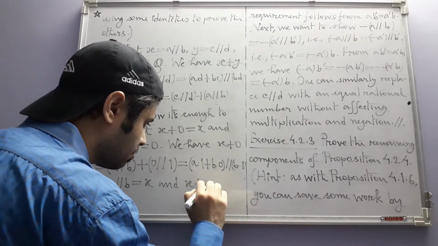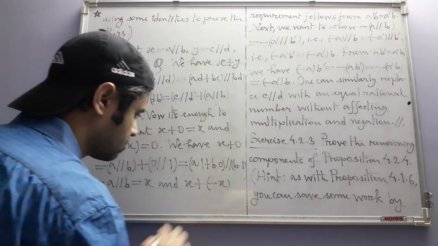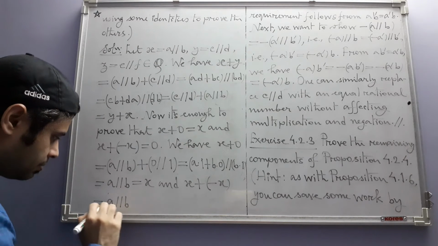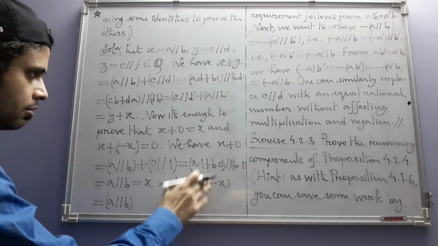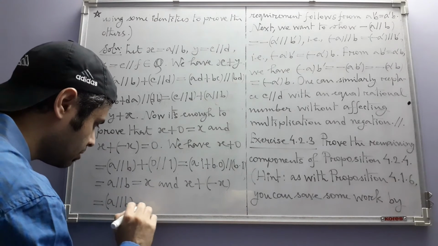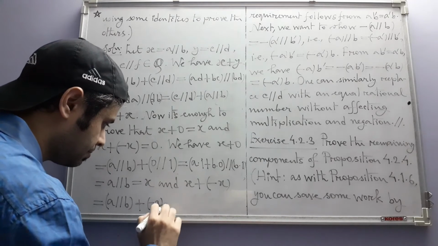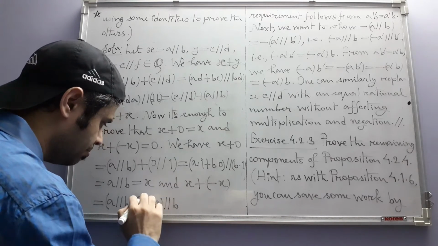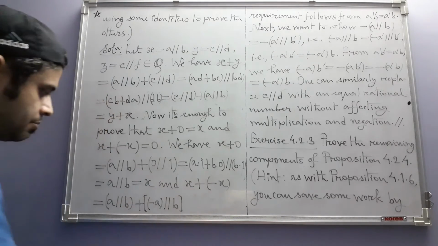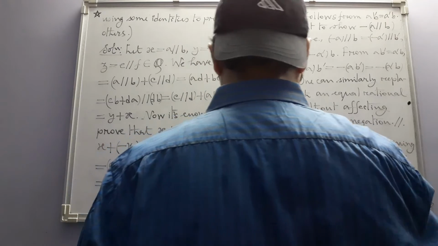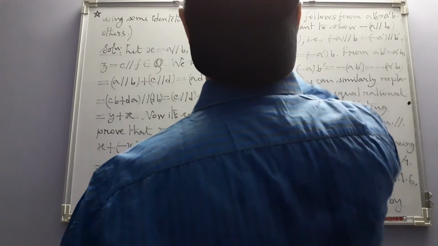Now x plus minus x. x is a by b, minus x. The way we have defined negation is this rational number minus a by b. So if we perform the, I won't have space here, I think. Let me continue from that part.